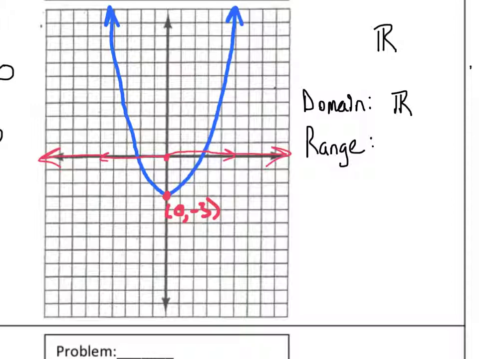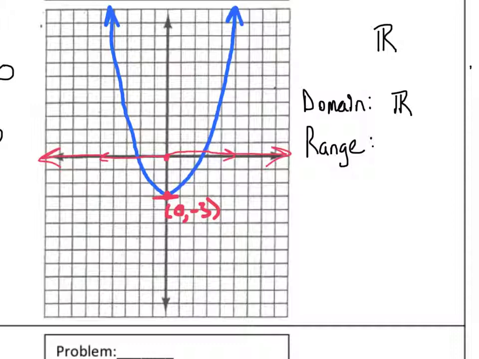So, next, let's talk about the range. Ranges are possible y values. Well, there's a number that's significant in our range. -3 is the significant number there. Why is that significant? Is that like the top value or the bottom value? That is our minimum value.